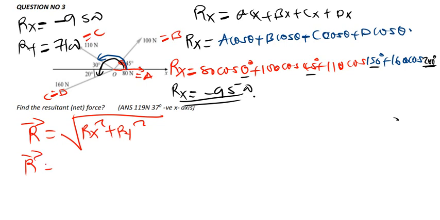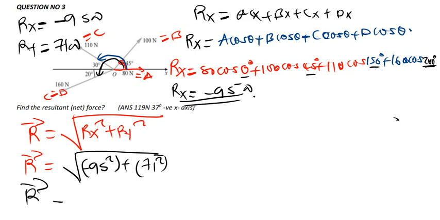Now I square it: 95 squared plus 71 squared, ignoring the negative because it's squared. I get 14,066. The square root of this is 118.6 newtons. I round it off from the answer which you have here, meaning it is 119.